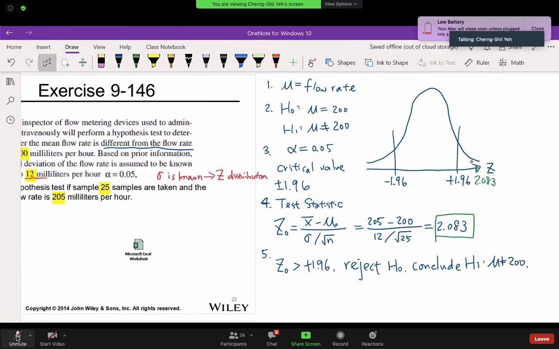Okay, don't forget the most important thing, our interpretation. The mean flow rate is different from the setting.